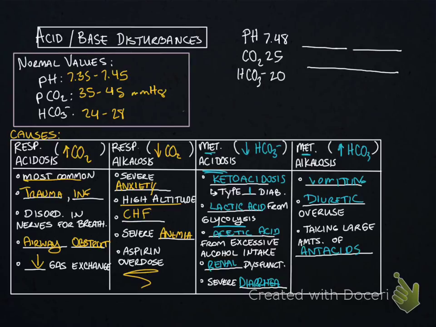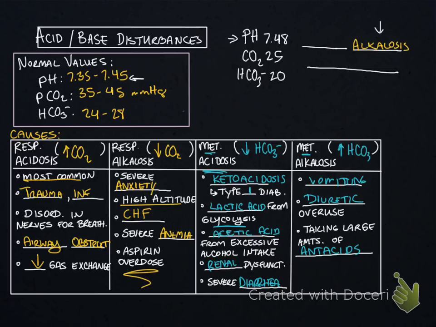This is the first blank that you're going to fill out. And it is going to tell us about our pH. According to our normal value, it is considered an alkalosis or an acidosis. It's high, so it is an alkalosis. Almost there.